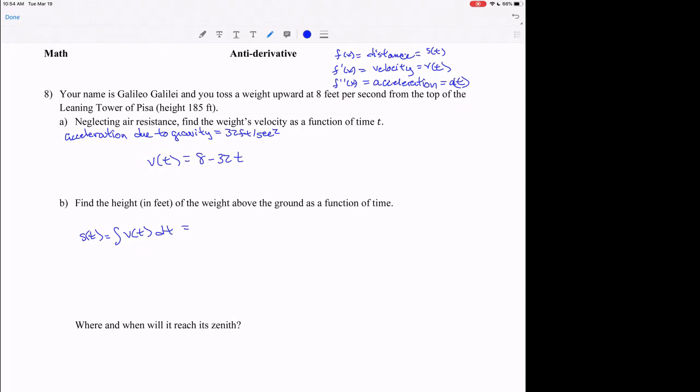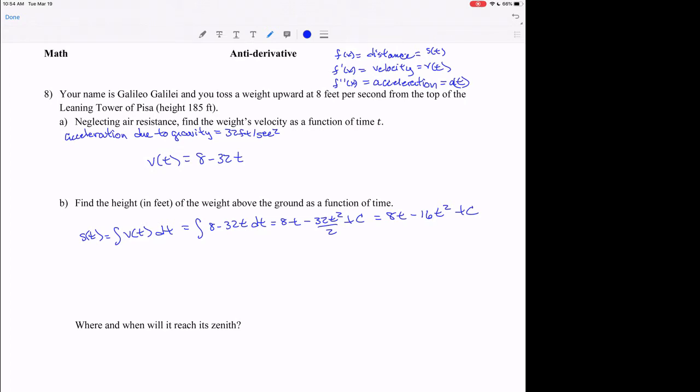So that tells me that if I integrate 8 minus 32t dt, I will get my distance function. So that gives me 8t minus 32t squared over 2 plus c, which is 8t minus 16t squared plus c.